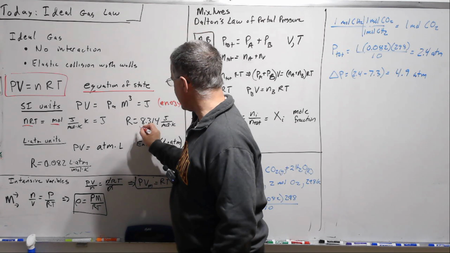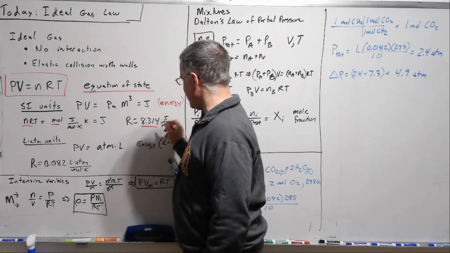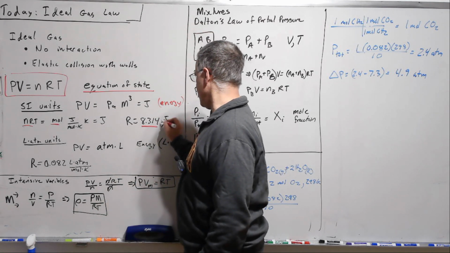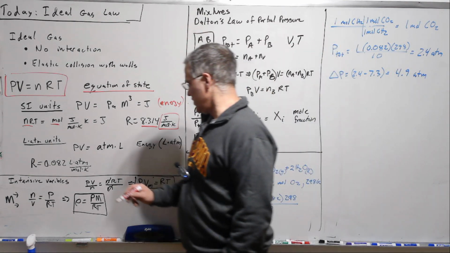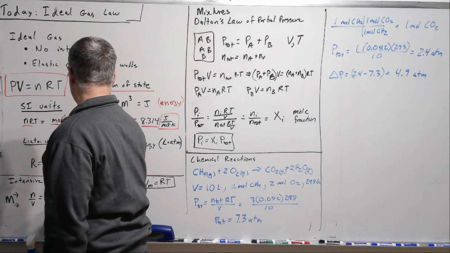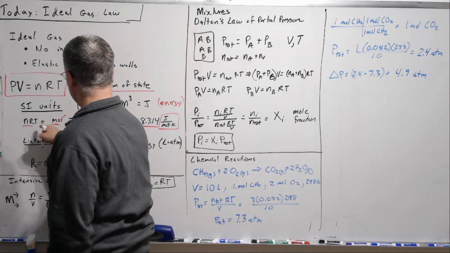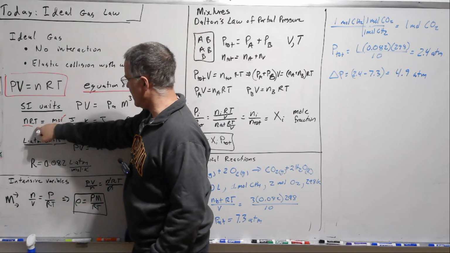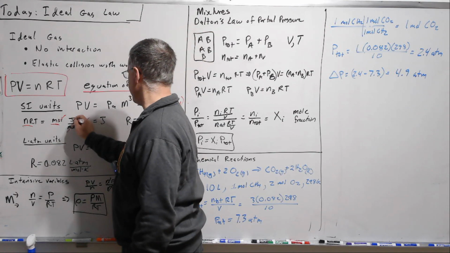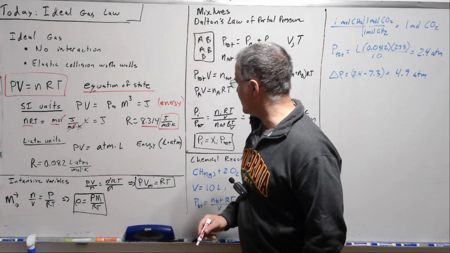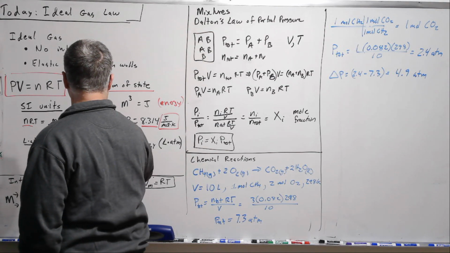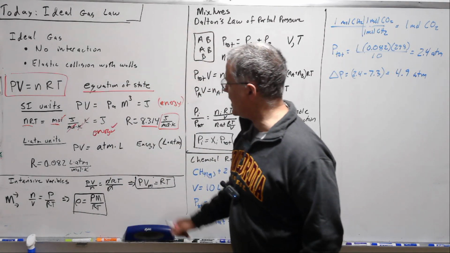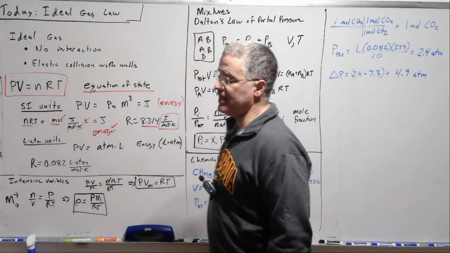R is the gas constant, which in SI units happens to be this number, but the units here are joules per mole Kelvin. So the moles will cancel here, and then times T, the kelvins will cancel, and we're left with joules, energy again. So this is relating an energy to an energy when it's written in this form.